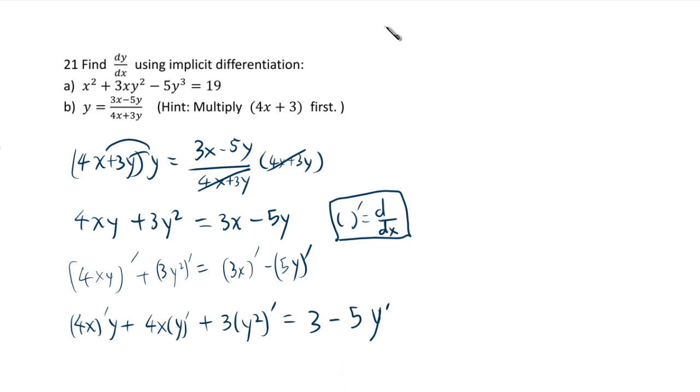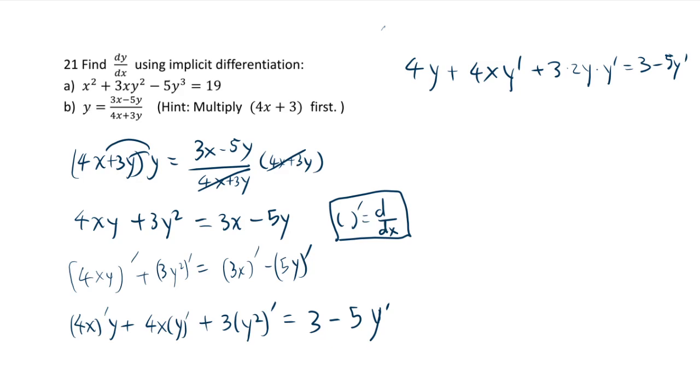Now let's continue. 4x prime is 4. And then 4x, again, y prime is y prime. Plus, and then y is a function of x nested inside the square function, so you have to use the chain rule, which says it's 2y, but you have to attach the y prime because that's the derivative of the inside function, equals 3 minus 5y prime.